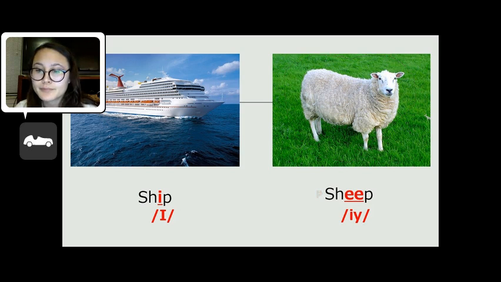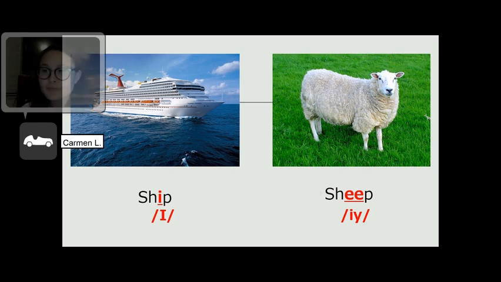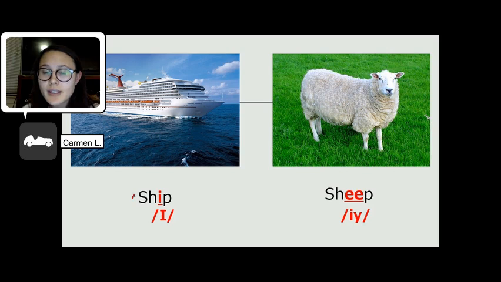Sheep. As you can see, ship and sheep sound very similar. The only difference is that ship uses the I sound and sheep uses the E sound.